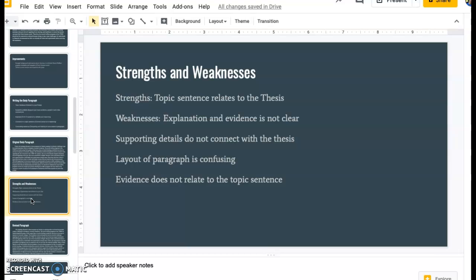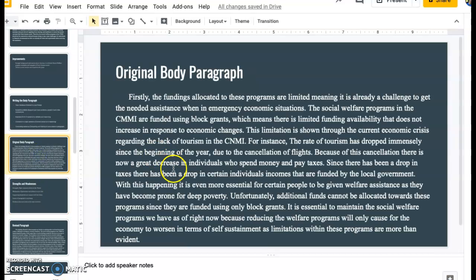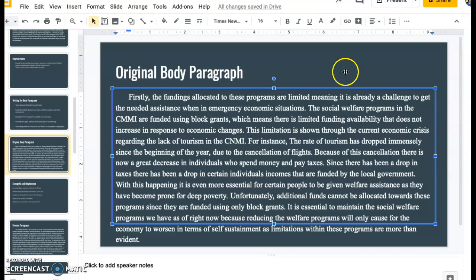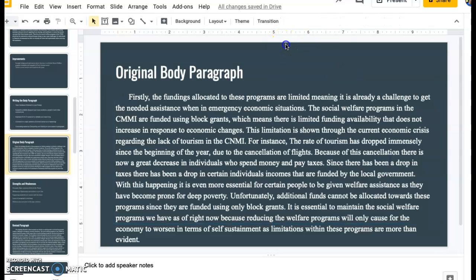So the explanation and evidence within this program is not necessarily clear because you are stating a lot of how they just need, because in situations like this, they need welfare assistance. But your stance on this issue is not clear in its direction because you're basically stating, are you advocating for more funds to be allotted, or are you justifying why these funds need to be sustained?